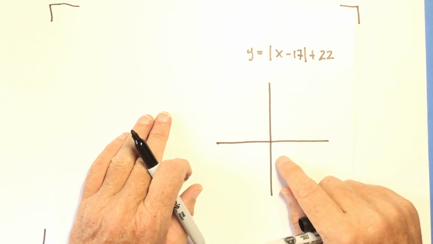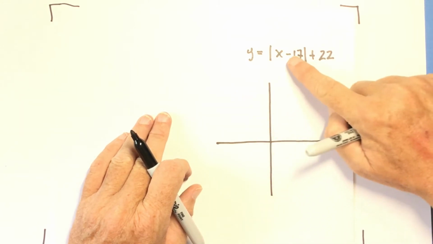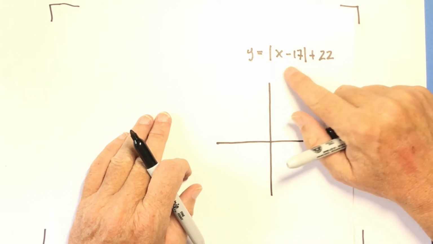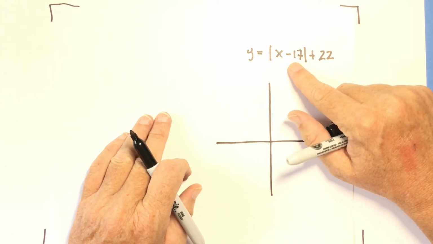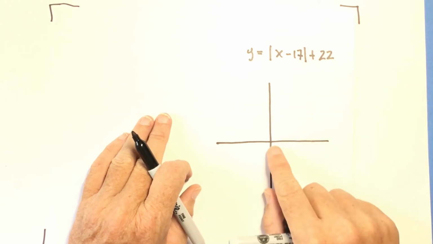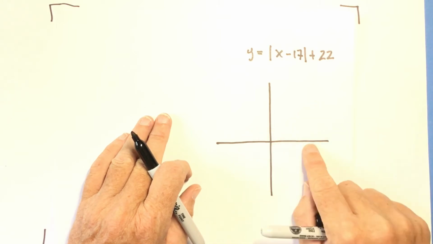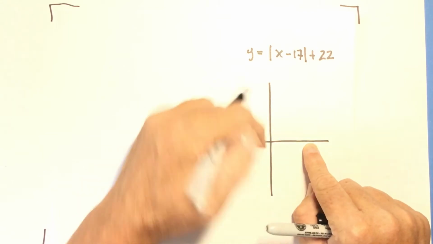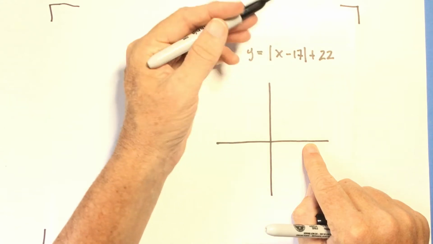And what will happen to said parent graph? Well, by subtracting a number inside the absolute value symbol, that means I move that many spaces to the right. So this graph, which was here, is going to go over 17. And by adding 22, that means the whole graph goes up.